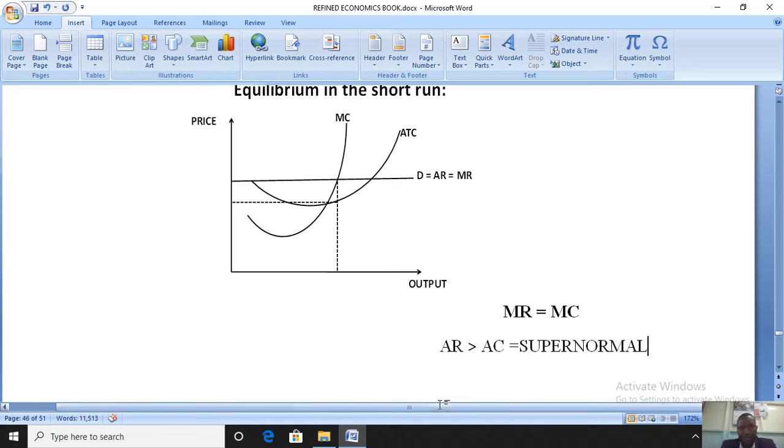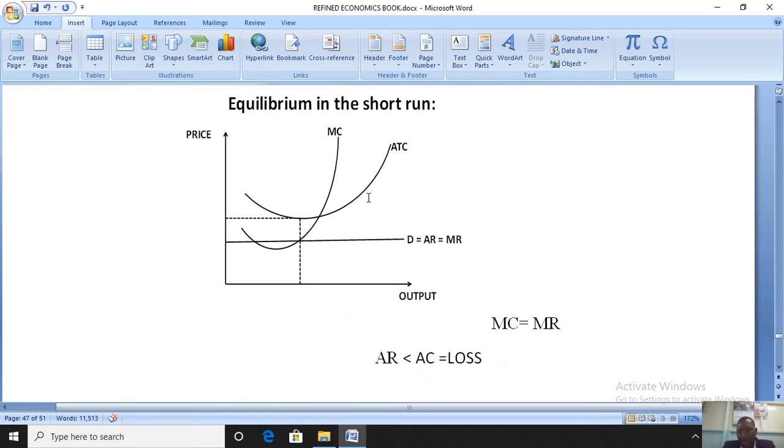So that's the supernormal profit part, or abnormal profits. When firms begin to make losses, again there is no barrier to entry and no barrier to exit, so firms will not accept a situation where they continue to make losses over a longer period of time. So some firms will exit the industry, and that will make supply shift leftwards. There will be a reduction in supply, prices will go up, demand will go up a bit.